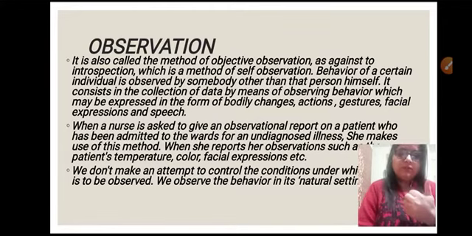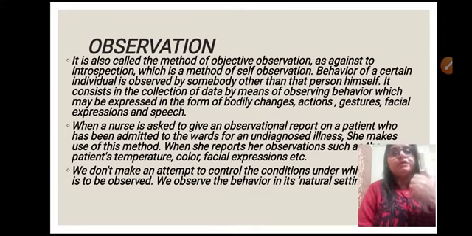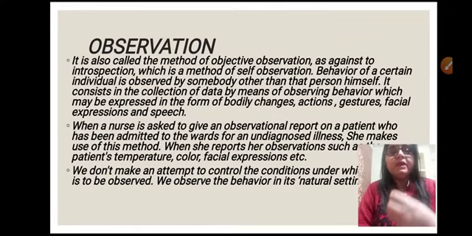One is the observer, second is the subject. The observer is going to observe the behavior or the different behavioral patterns like bodily changes, their actions, their gestures, postures, facial expressions, their speech, how this person is going to express himself or herself. That means the observer is the person who is going to observe the behavior of the subject.